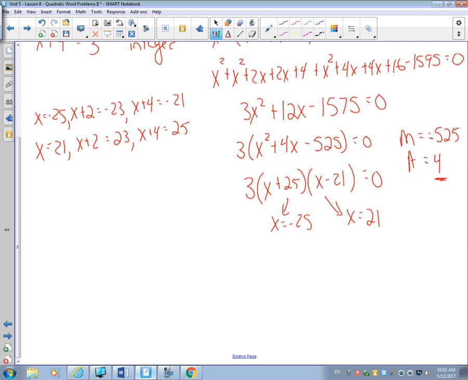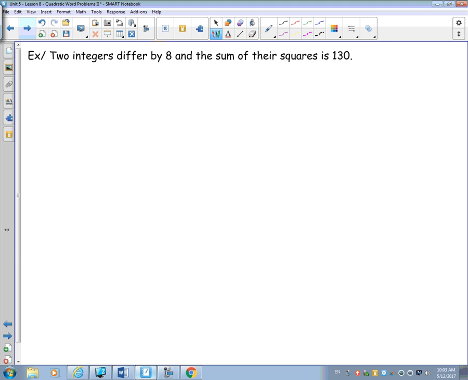So my therefore is the integers are, choices, number 1, negative 21, negative 23, negative 25, or 21, 23, 25. I didn't say this would be positive or negative. We have both options.